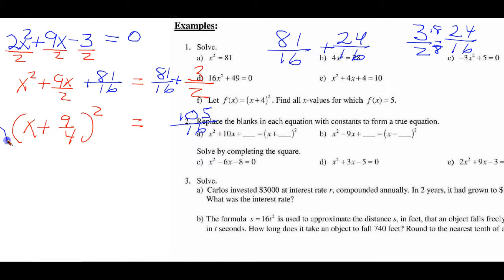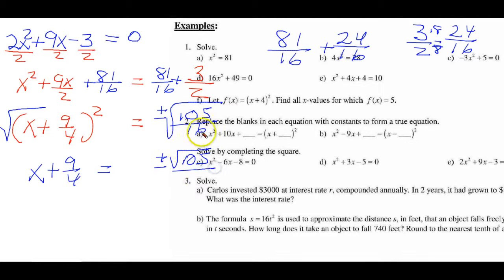Now I take the square root of this, and I get x plus 9/4 equals plus or minus the square root of 105 over 4. I'm taking the square root of my denominator.